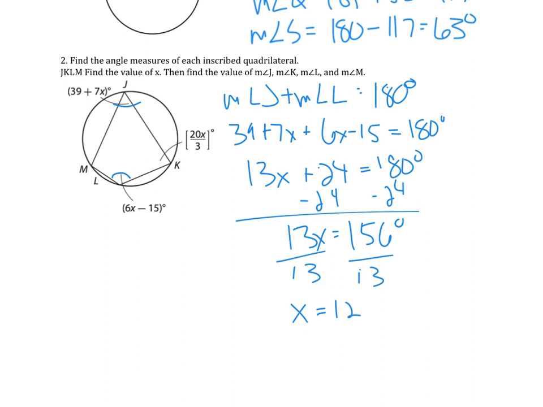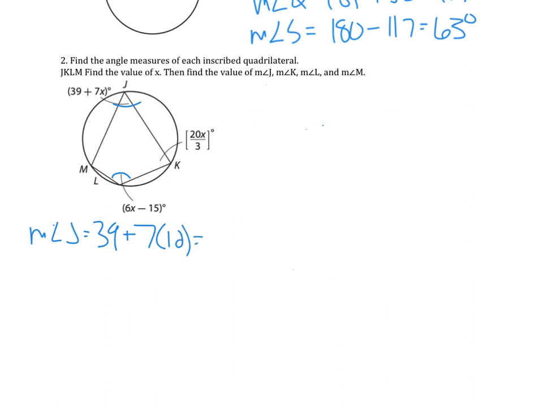So then taking all those, we have measure of angle J, substituting that in, so we get 39 plus 7 times 12, and 7 times 12 is 84, plus 39 is 123.